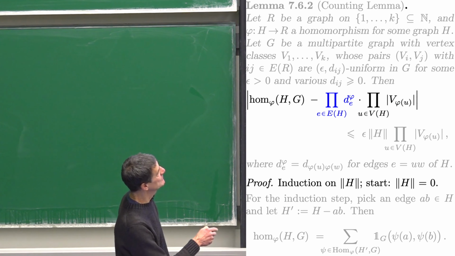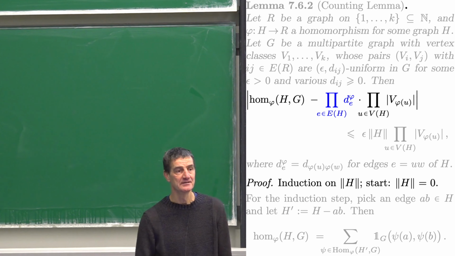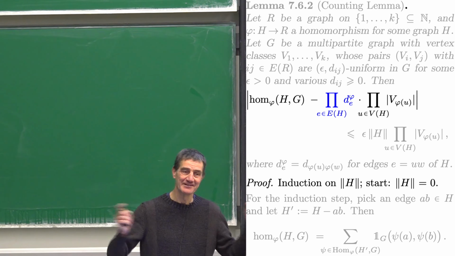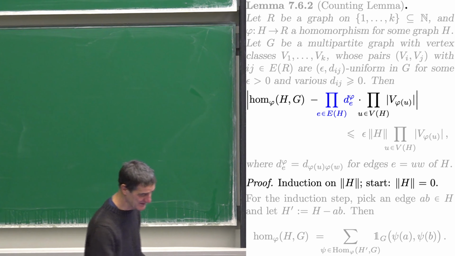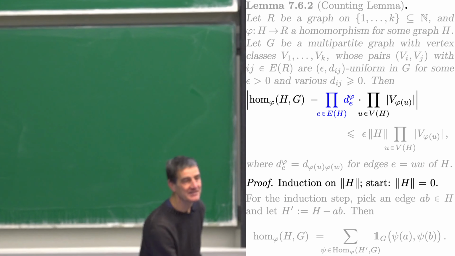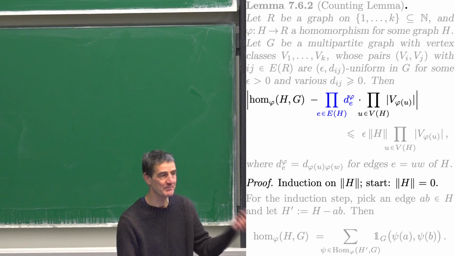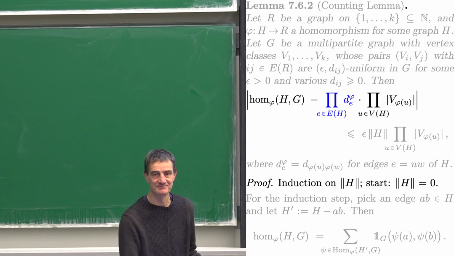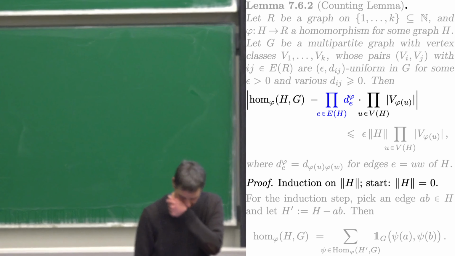That's the product over all edges of H, of which there aren't any. And now a convenient assumption that we always make is that products over the empty set are 1, just as sums over the empty set are 0. All right, so with this convention in place, these two quantities are the same, so we really get 0, and the induction starts.